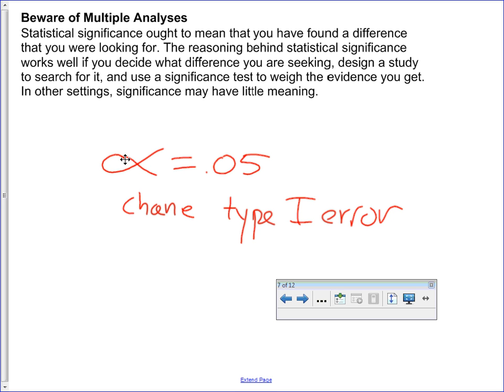Well, remember, 0.05 is 1 in 20. So if we tested some diet pill and we did 20 different studies, and one time we got statistically significant evidence, that's what we would crow about in our advertising. But it's probably a type 1 error, because you would get a type 1 error 1 out of 20 times.